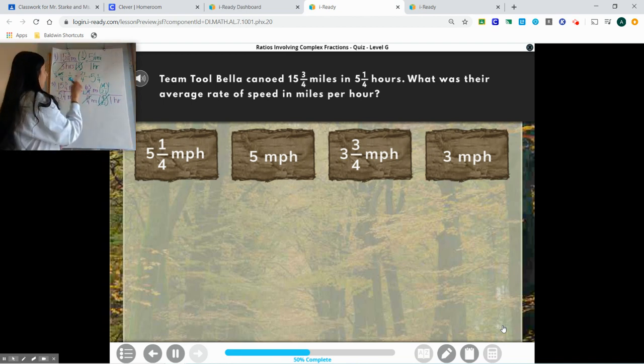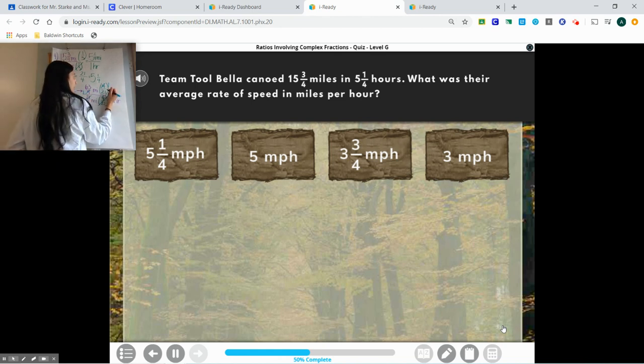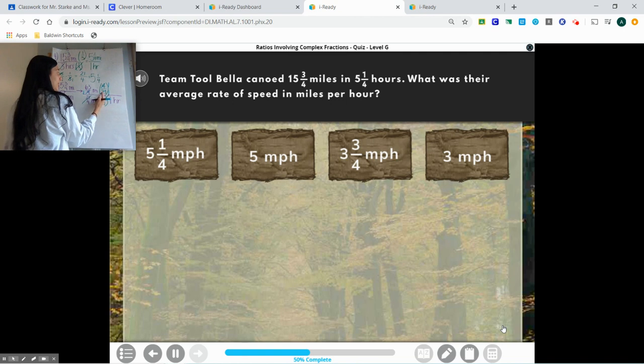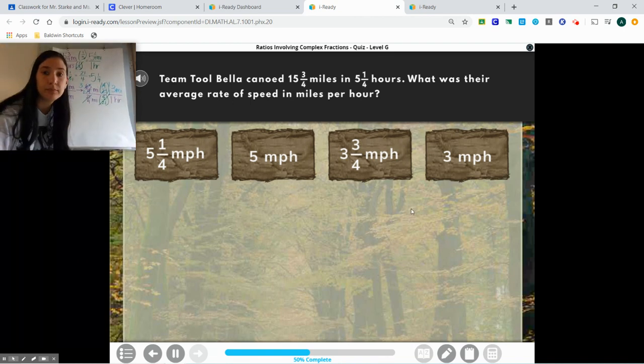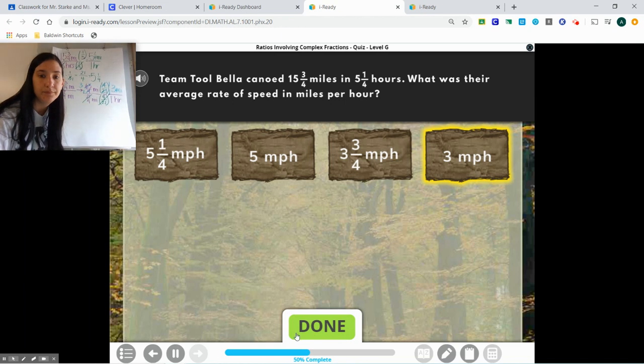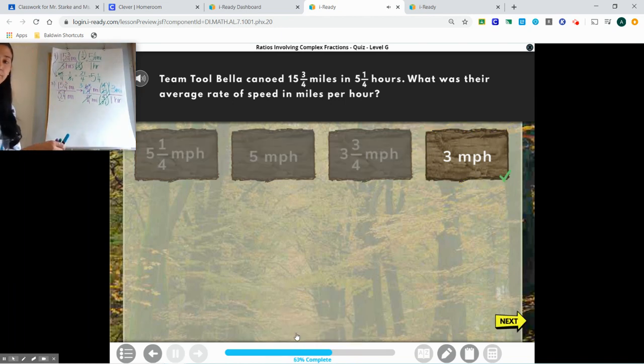Now, if you think back over here, we saw that 3 times 21 was 63. So we know that 21 divided by 21 will be 1, and 63 divided by 21 will be 3. So when we multiply this across, it will be 3 miles per hour. Next question.